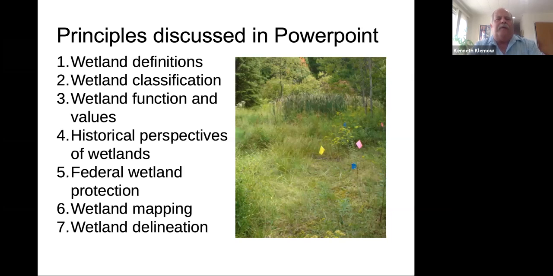And then we get into the wetland mapping component and then wetland delineation. So you can see that we're providing both theory about wetlands and then an introduction to how you go about doing the mapping, and then how you go about delineating wetlands in the field. Next slide, please.